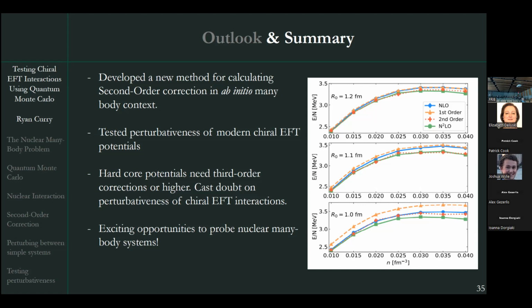Questions? Yeah. So you have a ground state method, and the question is, can you do that for excited states?